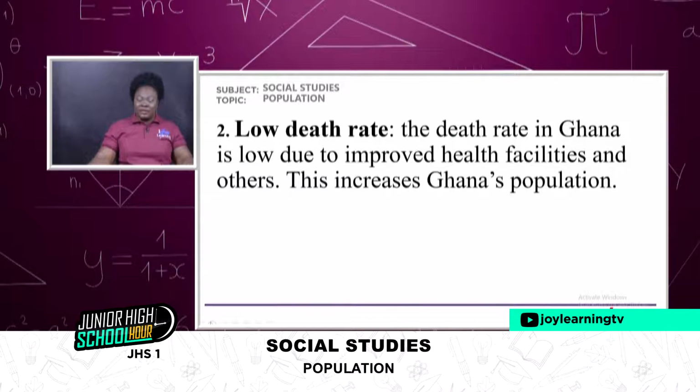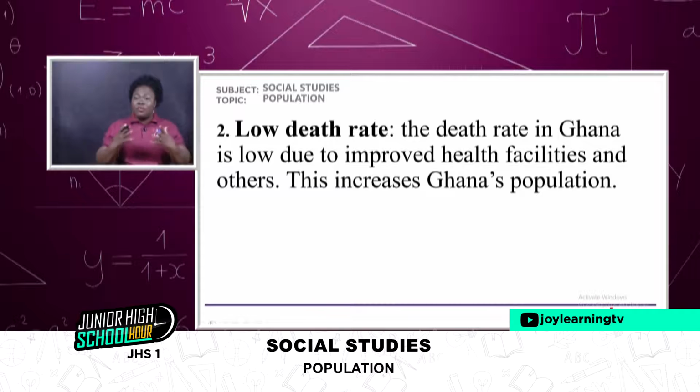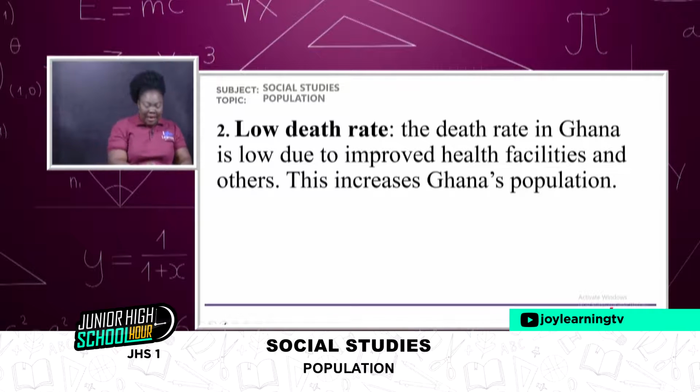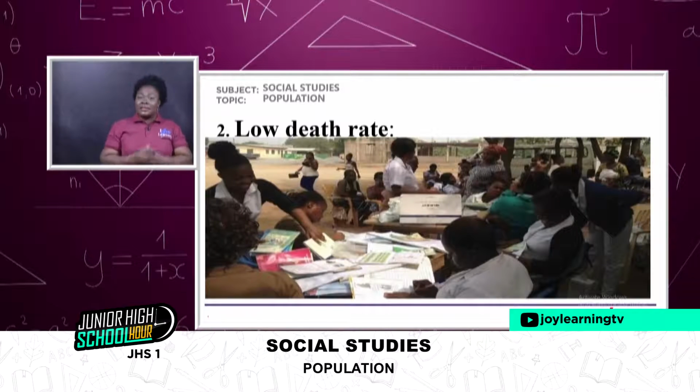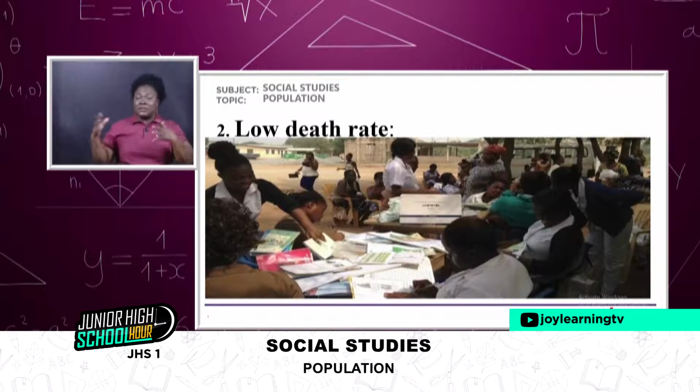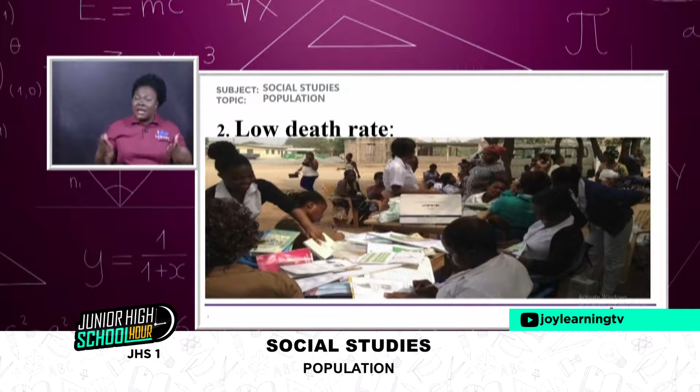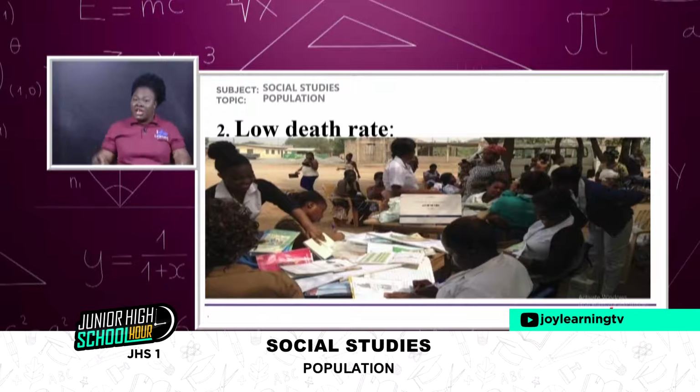Low death rates. The death rate in Ghana is low due to improved health facilities and others. This increases Ghana's population. Low death rates when there is what? Improved health facilities, like nurses visiting rural settings, rural areas, and educating the people, giving them medication.